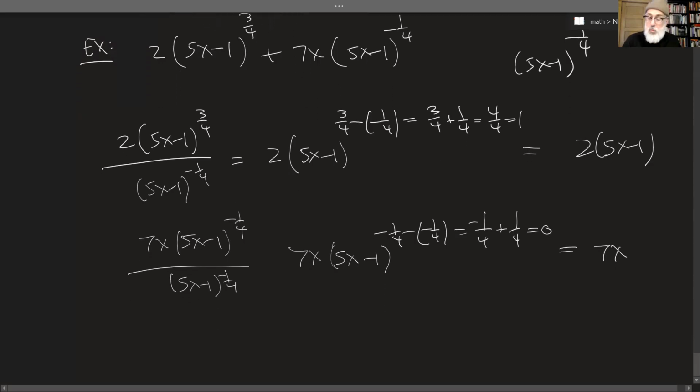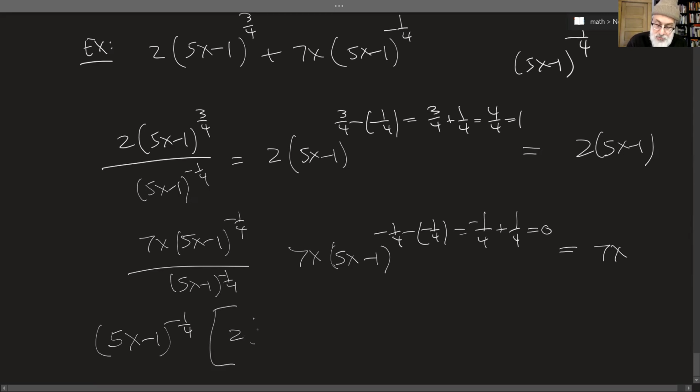All right, so that means we factor out a 5x minus 1 to the negative 1/4. And what are we left with from the first term? 2, 5x. Yep, I wrote 5 and I was thinking 2.